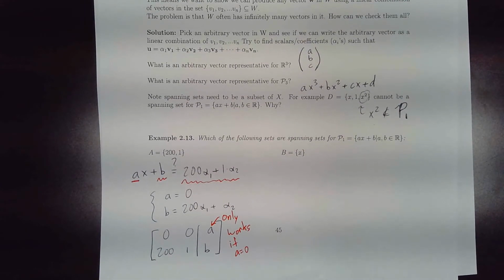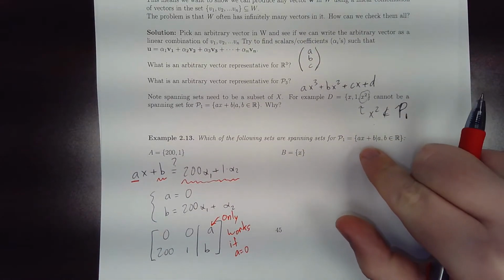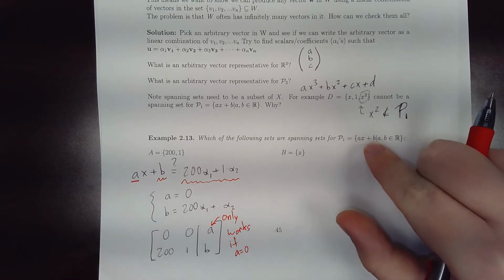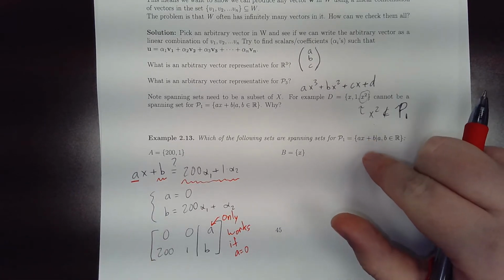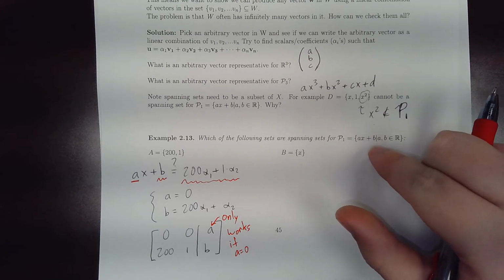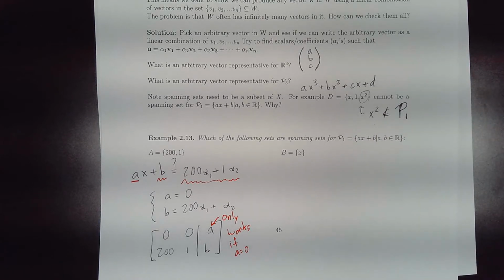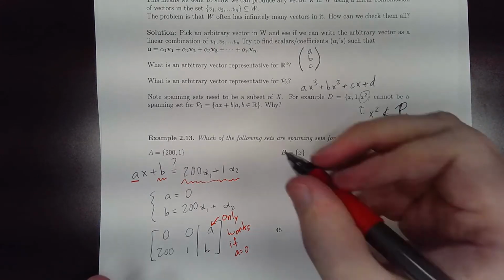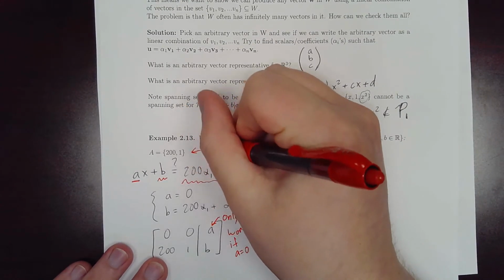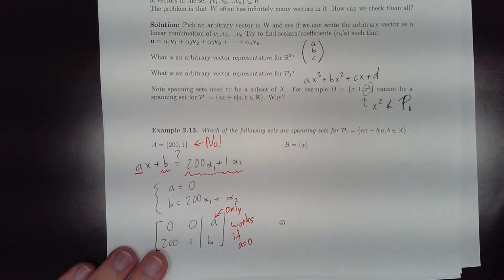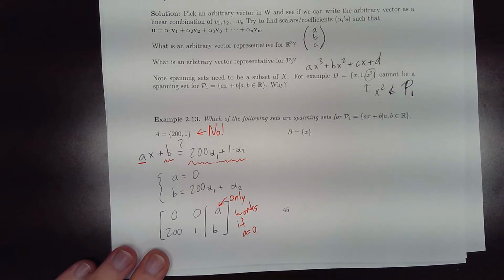Now when we're looking at polynomials, there are plenty of polynomials where the a part here is not 0. So we could have x + 1, we could have 2x + 3, we could have negative x, for example. So this is not going to be a spanning set for P1.